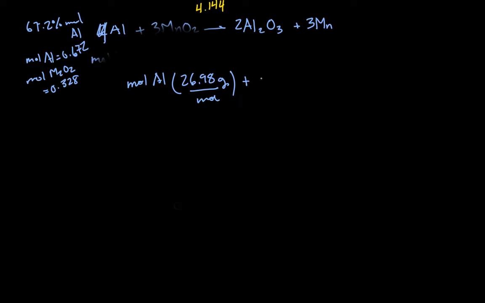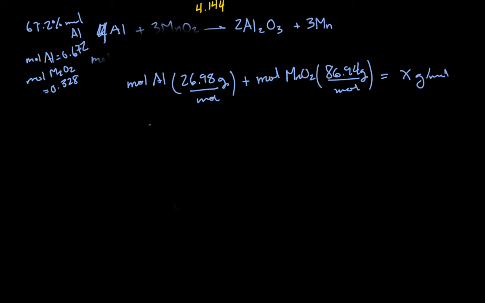And we're going to add to that the moles of manganese dioxide multiplied by the molar mass of that, which is 86.94 grams per mole. That's going to sum up to the formula weight here that we're after.